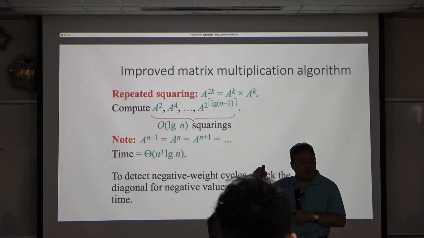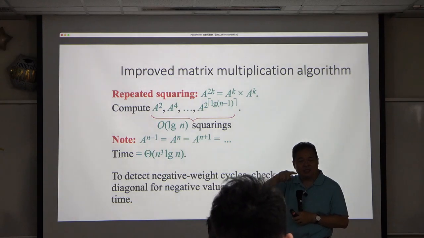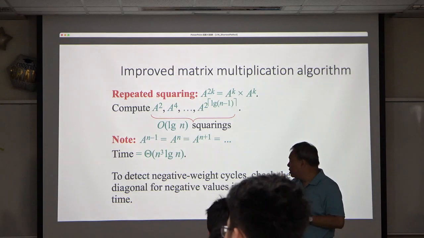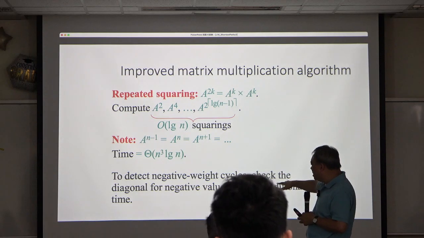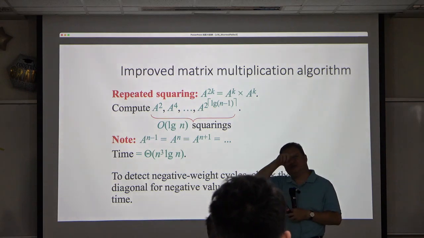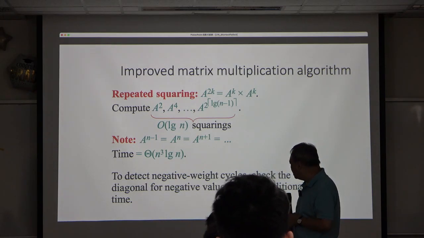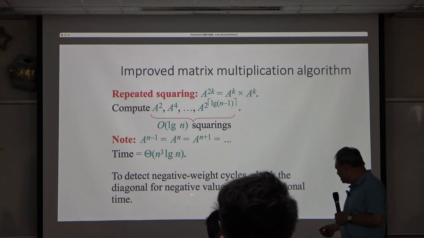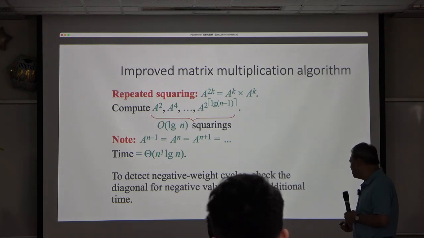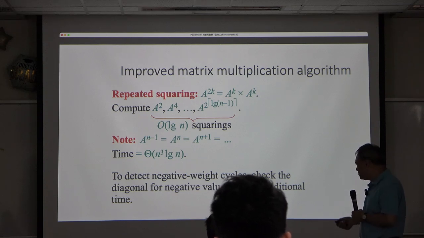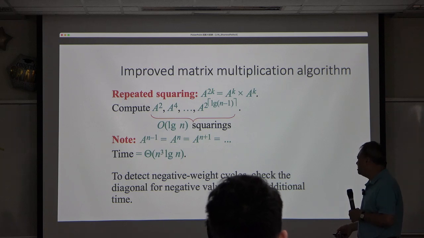So if you have a negative cycle, then you just run it one more time, and it must appear in the diagonal. It's kind of just like Bellman-Ford, so it takes linear time. It looks not that bad.